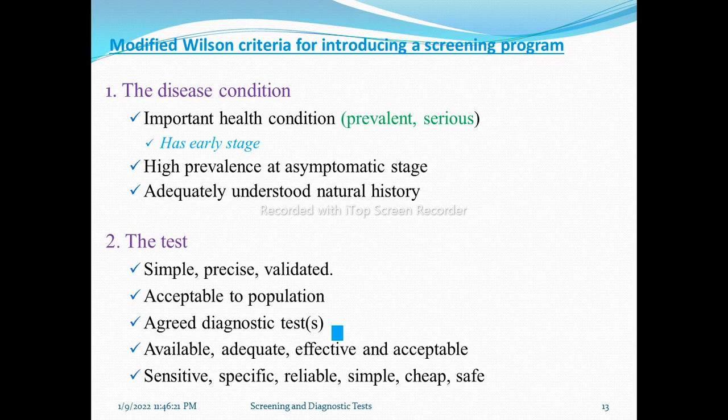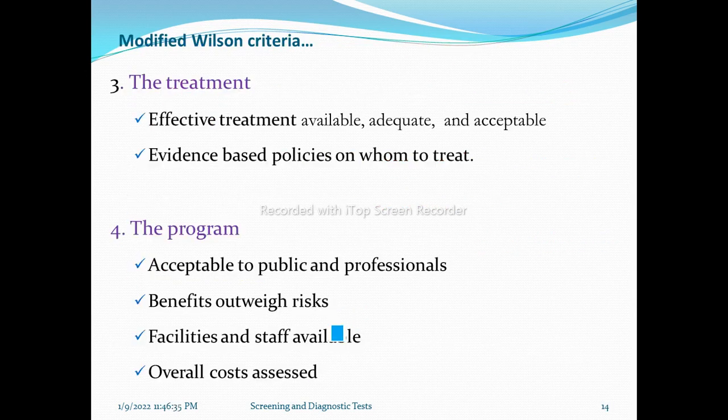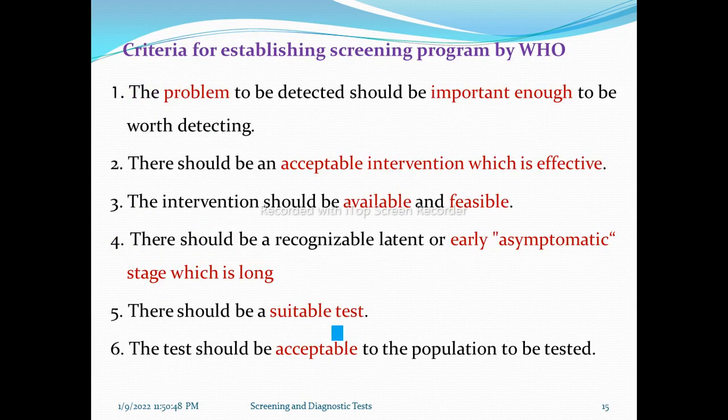So now, the modified Wilson criteria for introducing a screening program. By the way, to run one screening program, it should pass a number of steps. According to Wilson's criteria, it should pass 4 criteria.